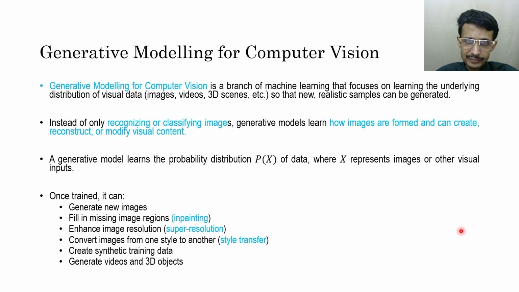It is costly and time consuming to create. So in this case, we can easily create a large volume of synthetic training data. It can also generate videos and 3D objects. So there is a wide range of applications of generative modeling in computer vision.